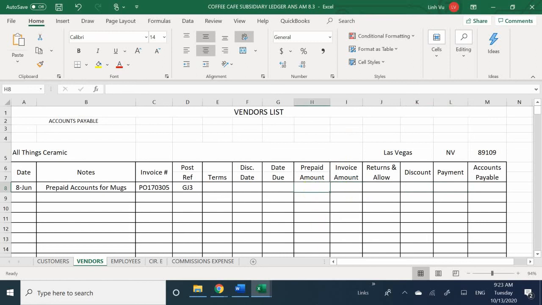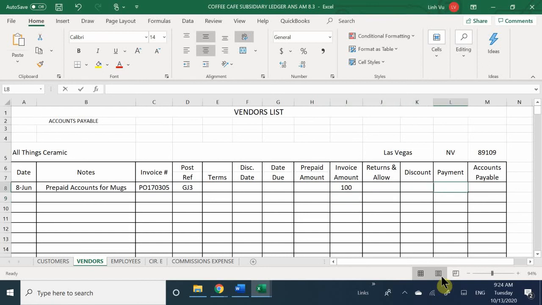Okay. Because we've made this advance payment, when we do receive the bill, that's where we're going to utilize the prepaid amount because we paid for it. But in this case, because I'm only using my purchase order, I'm actually going to place that amount directly in my invoice amount.